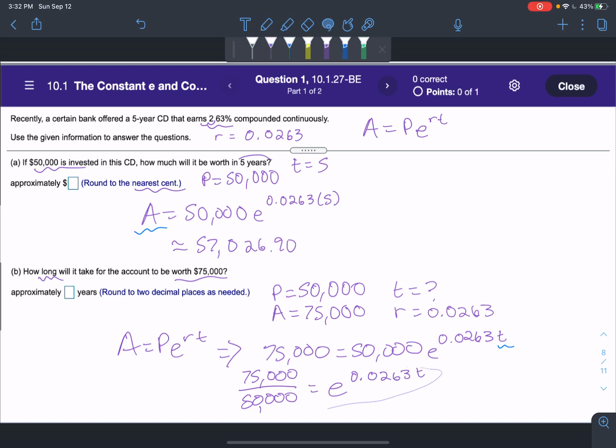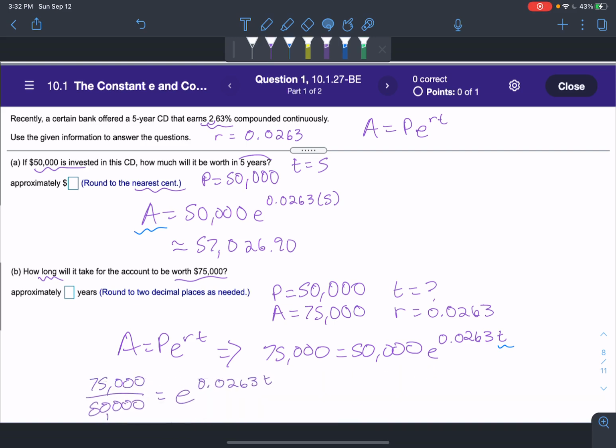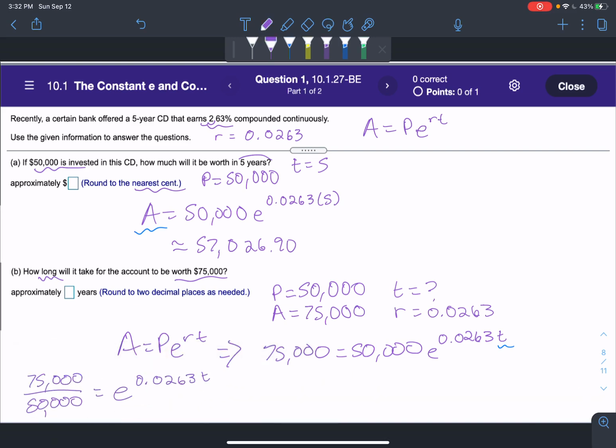Any ideas? Remember, one of the first few problems, that we can take the natural log of both sides, right? Because we know a special power about logarithms. So if I do that, remember that I can pull this power down. And that's going to help us tremendously.